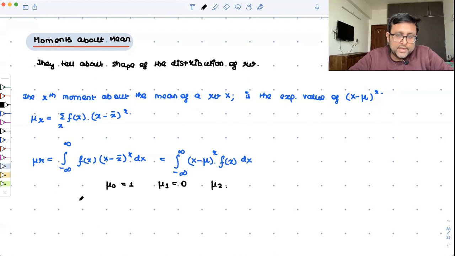Because this is telling me about the variance. So it is indicative of the spread of the distribution around the mean.